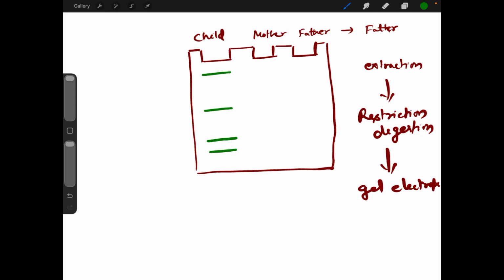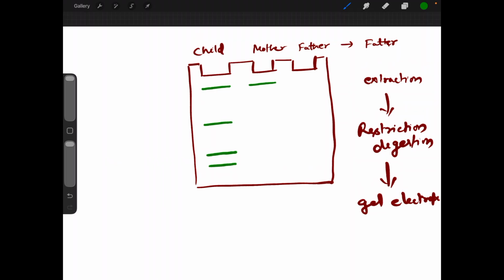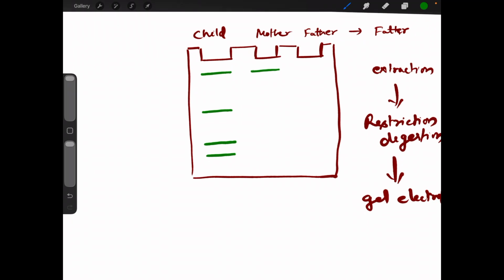This makes DNA fingerprinting a foolproof tool for settling parental disputes. So, in our case, these are the bands of the child, and this is the band from the mother.